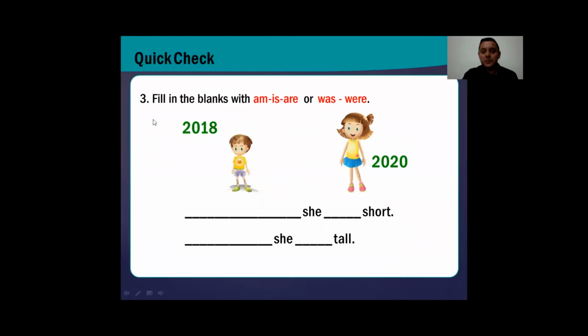Another one, 2020, 2018. 2018 means 2 years ago. So 2 years ago, this little girl was short. And this year, she is tall. We can use now or this year.